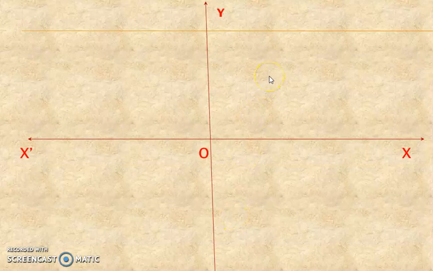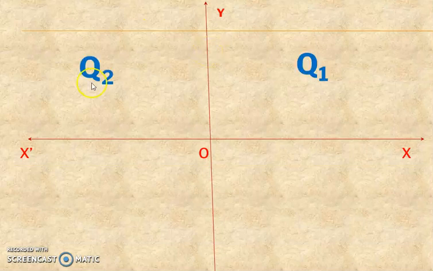The top right quadrant, you can observe here, is the first quadrant known as Q1. Now the next quadrant we get by moving in anti-clockwise direction. So Q1 is the top right quadrant and Q2 is the top left quadrant.